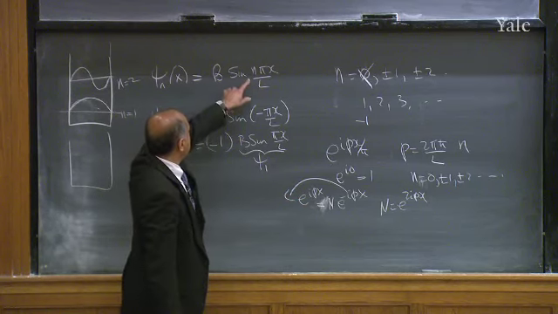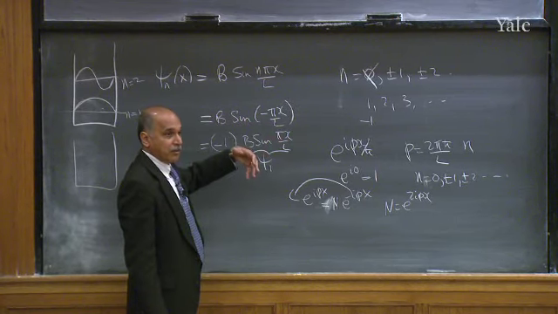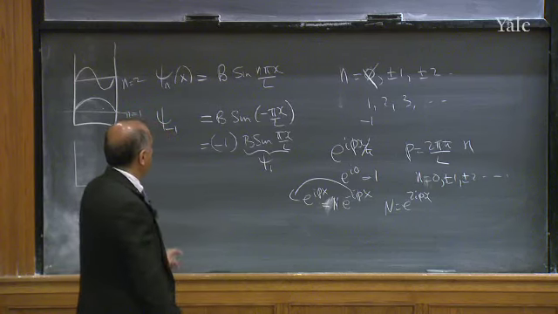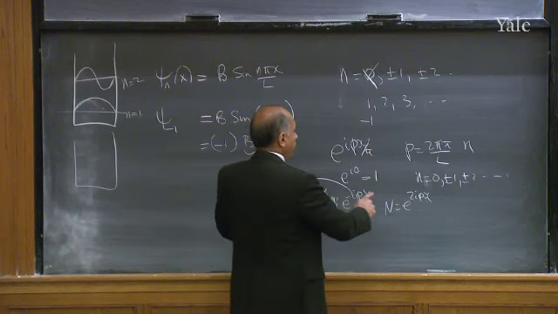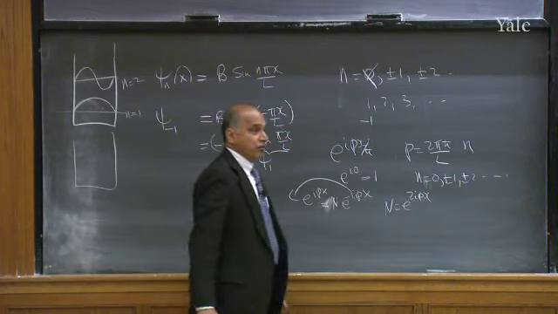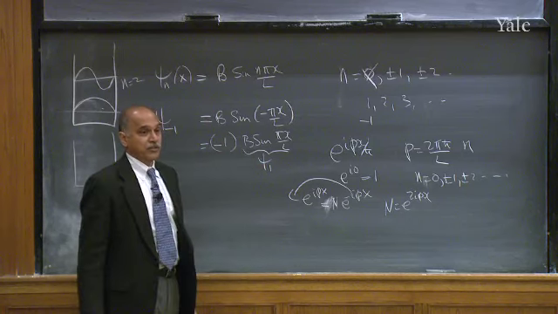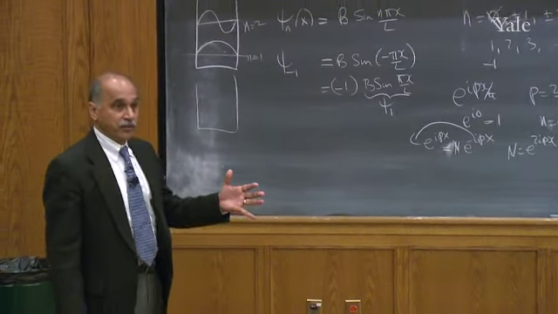On the other hand, sine x and sine minus x are related by a single factor of minus 1. So that's the reason why, for a particle going in a ring, the solutions are labeled by all integers, positive, negative, and 0. For a particle in a box, they're labeled only by positive integers. Negative integers give you the same function, and 0 kills the function, so that's not allowed.